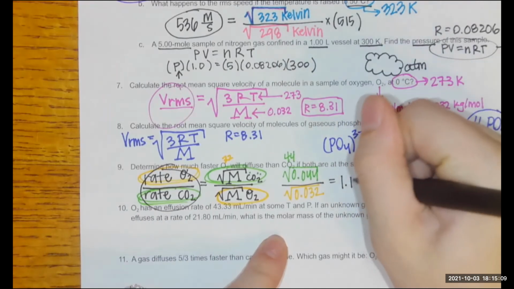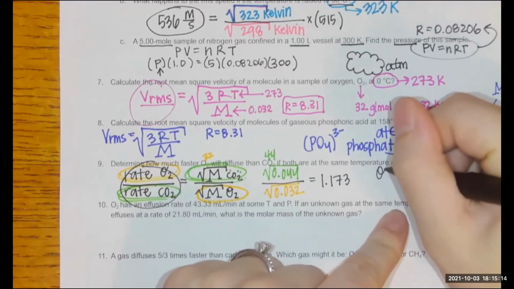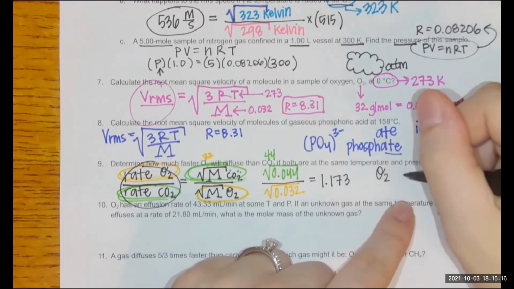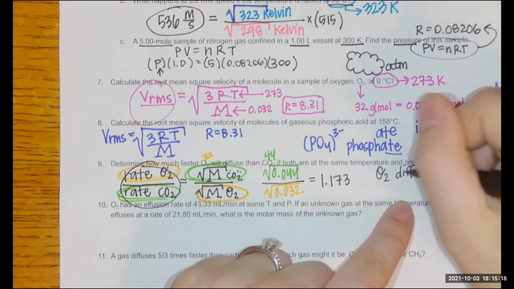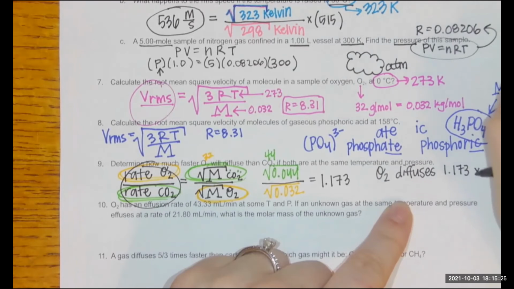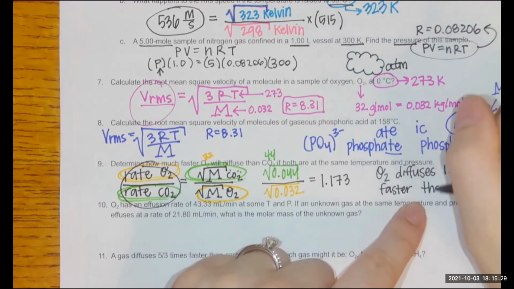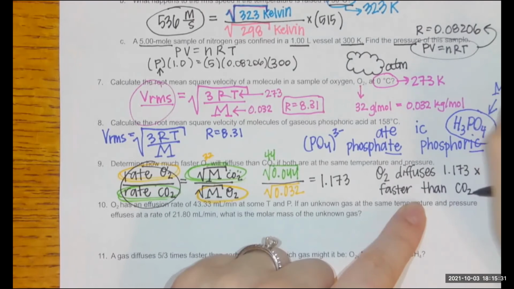It actually rounds up to 1.173. So the O2 will diffuse or effuse, whatever word you want to use, 1.173 times faster than CO2.